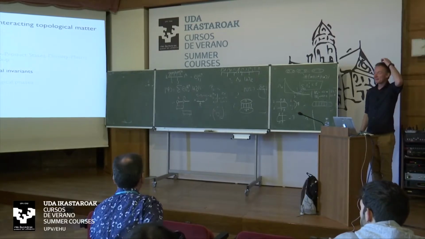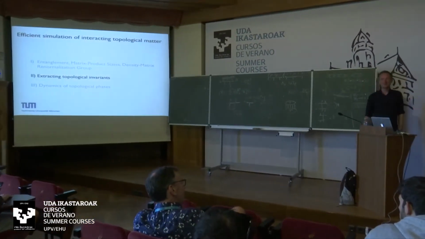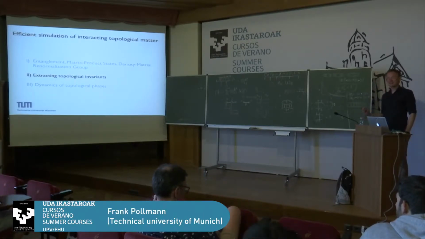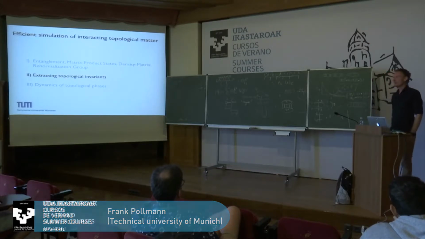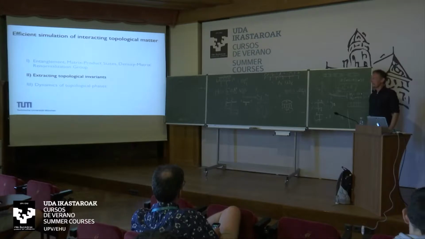Okay, let's continue. So in the first two parts, we focused on some technical ideas, and the main problem that we are facing is that we are now dealing with quantum many-body problems, where we are working in this huge many-body Hilbert space, and what I discussed is some way out.